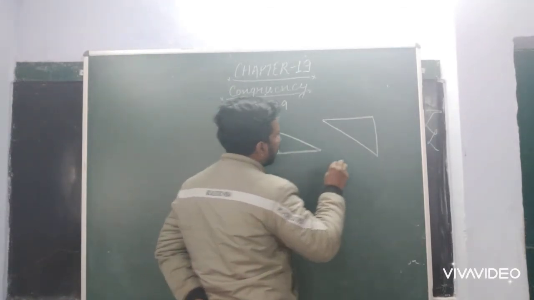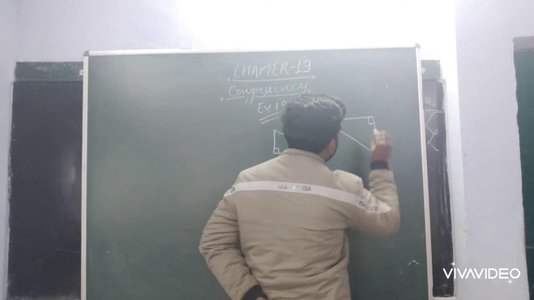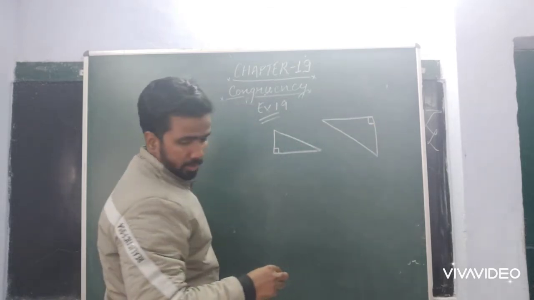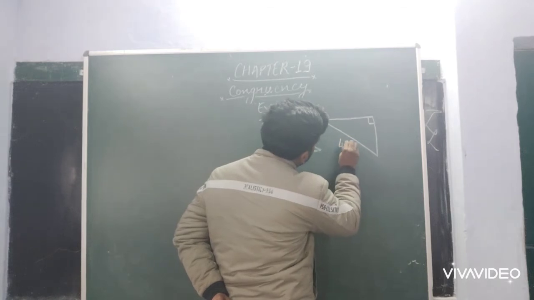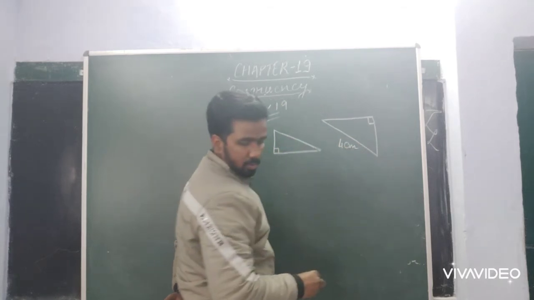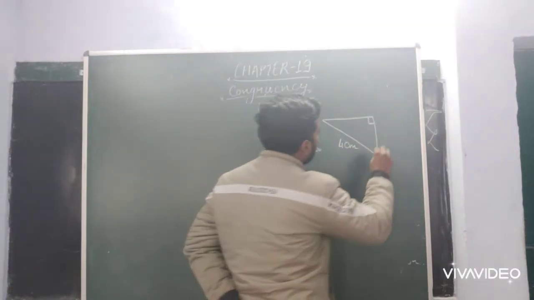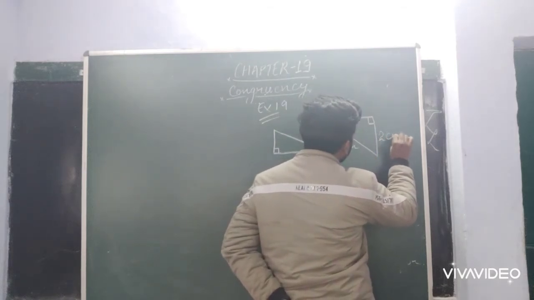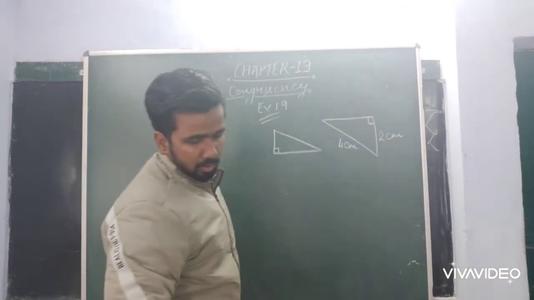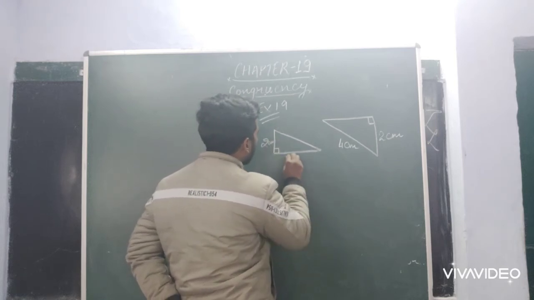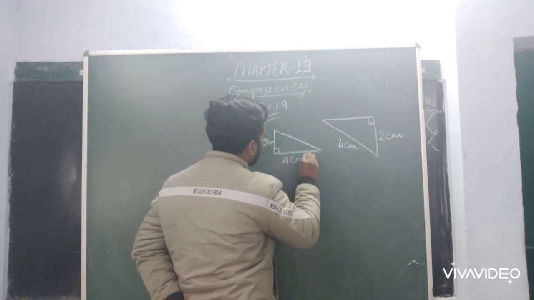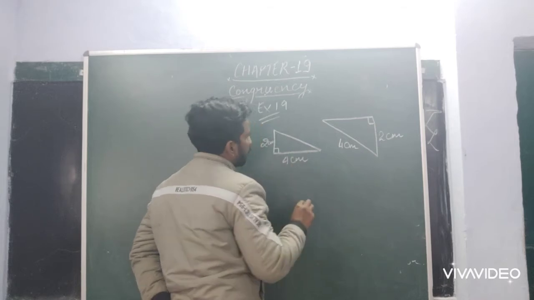This is 90 and this is also 90. Clear? And here the hypotenuse is 4 centimeters. Then this is 2 centimeters, then this is 2 centimeters and this is 4 centimeters.